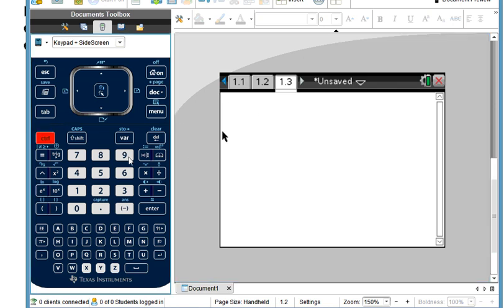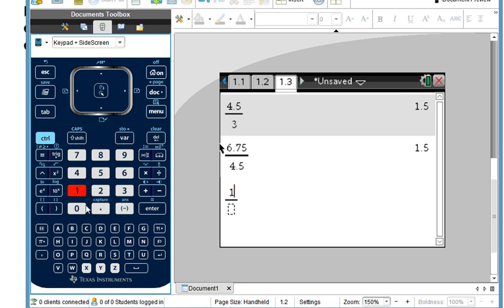So we take 4.5 divided by 3. Well, we get 1.5. Next one, we're going to take 6.75 divided by 4.5. 1.5. I think I know where this is going.